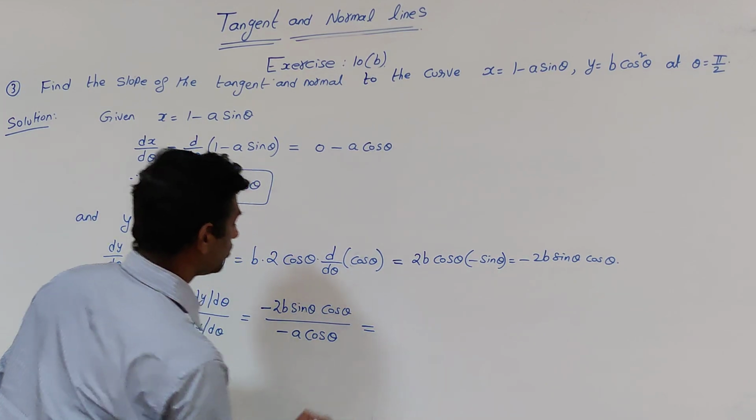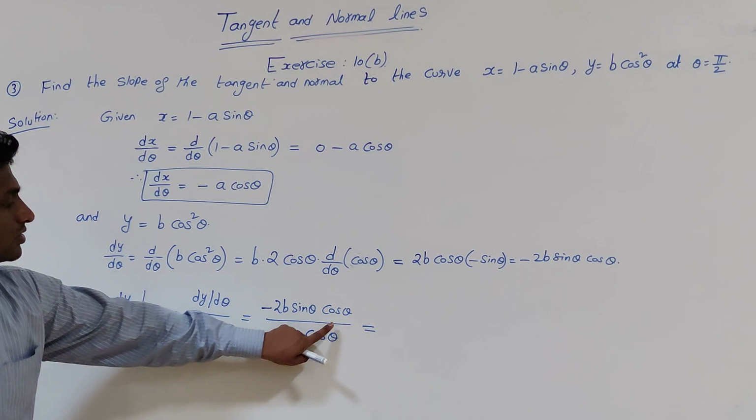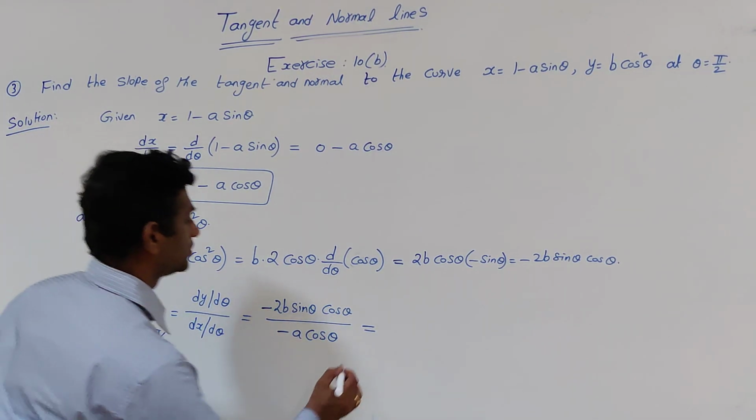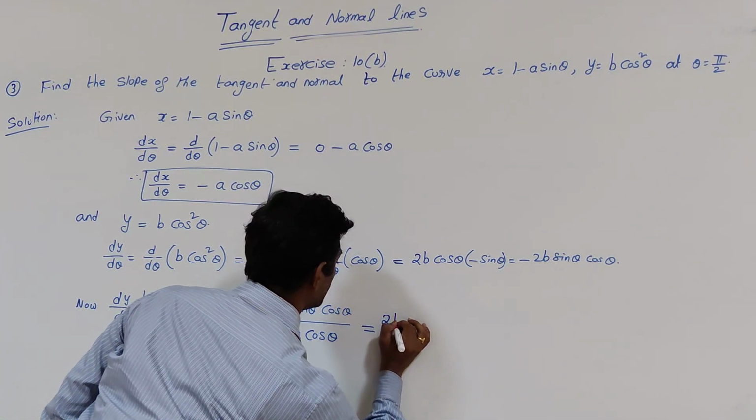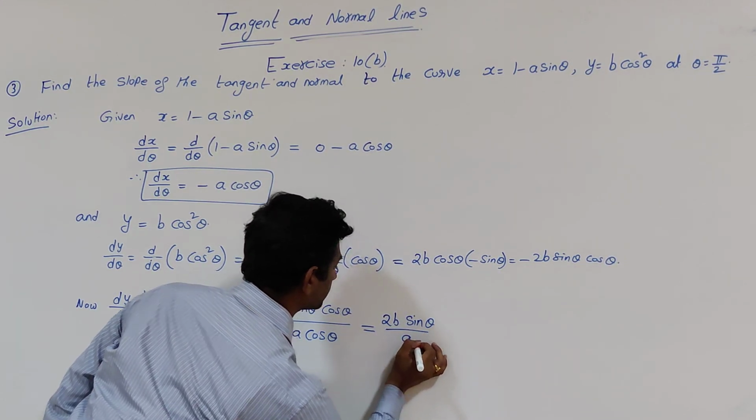So which gives what? Minus gets cancelled, cos theta gets cancelled. So it will be 2b sin theta by a.